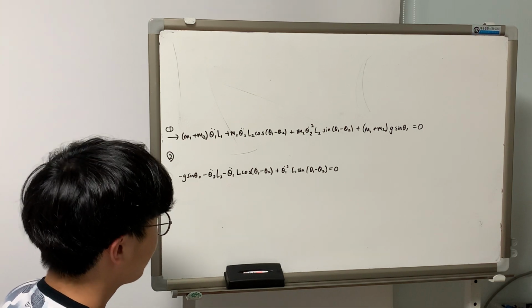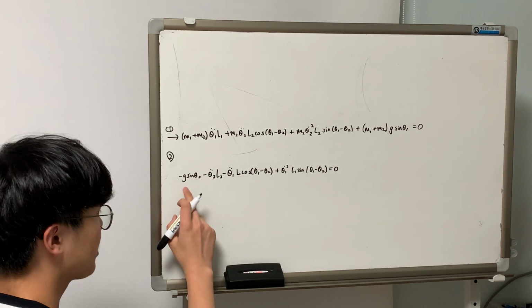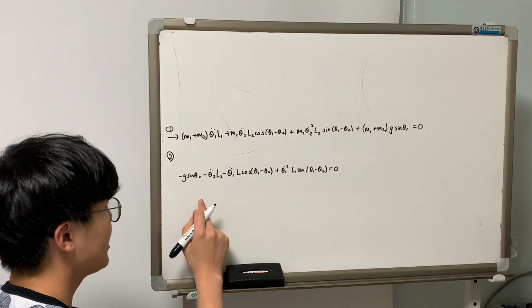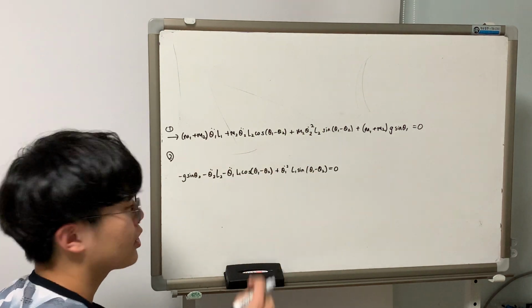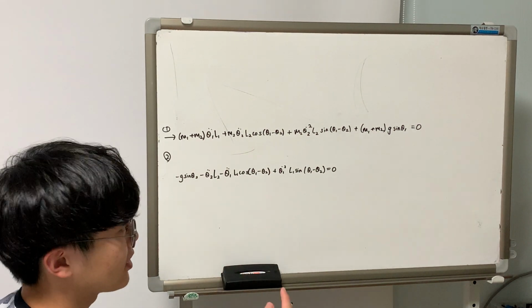So for the value we get in terms of theta 2 dot dot, if we implement that value into this equation, we're going to get our desired equation of motion in terms of theta 1 dot dot.